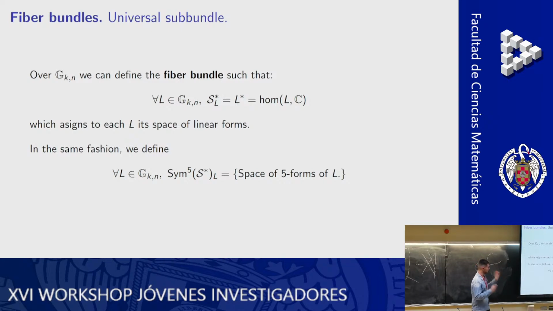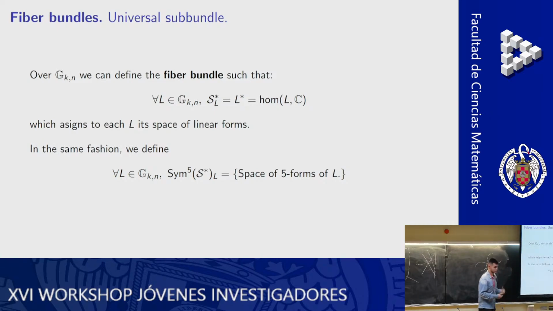You only have to be really sure of what's the definition in each fiber, in each point. And in each point, we are going to associate to the point the dual of the line in the first case. This is the dual of the universal subbundle. This is S star. And we could associate to each point a set of linear forms.